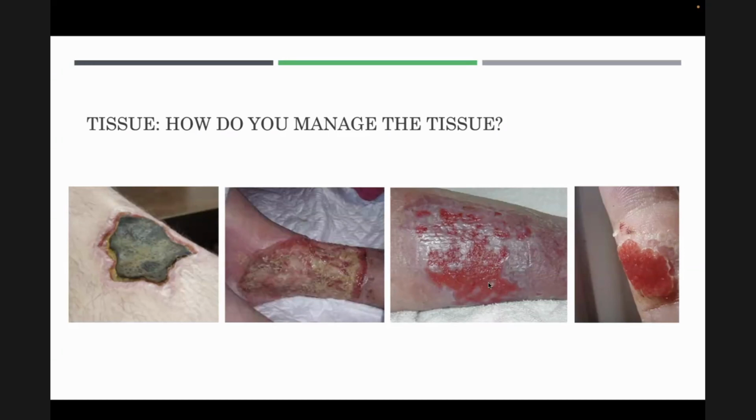What about this wound bed? What would you want to do for this one? Do you want to debride this tissue? It's epithelialized a little. Yeah, exactly. So all of this tissue right here, this is epithelialization. So the wound bed, it's on its way to healing. So do you want to debride all of this tissue?